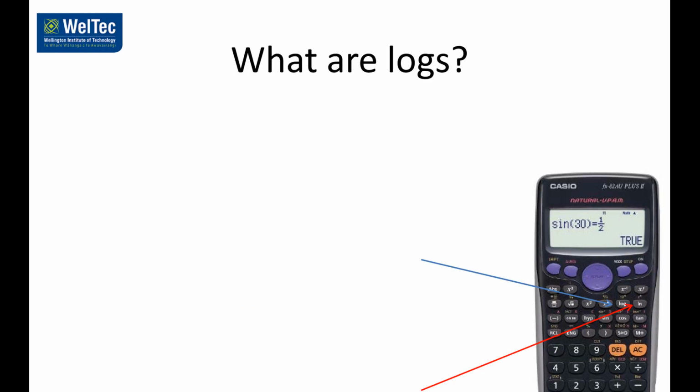Logs are just powers of special base numbers. And the base numbers that we usually use are either 10 or e. Now, we learned about e in the previous class. If the base is 10, we talk about common logs, and common logs would be the blue arrow on your calculator.